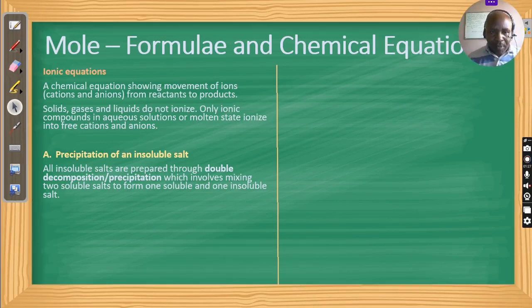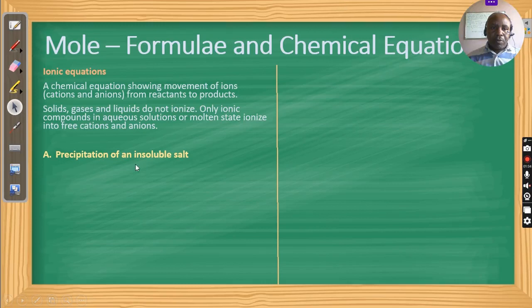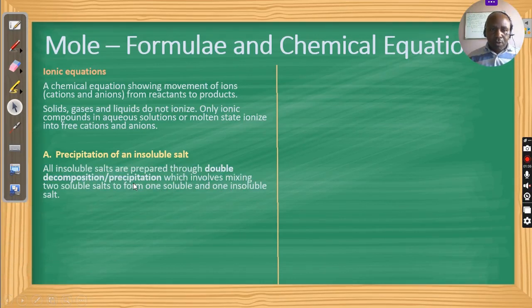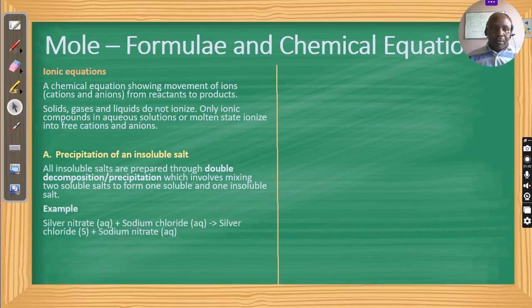All insoluble salts are prepared through double decomposition or precipitation, which involves mixing two soluble salts to form one soluble and one insoluble salt. An example is the reaction between silver nitrate and sodium chloride to produce silver chloride and sodium nitrate.